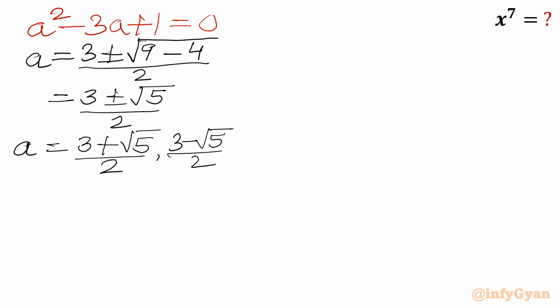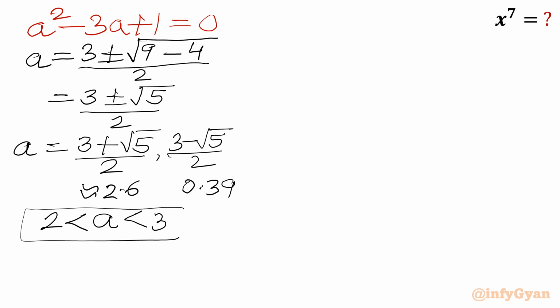If I write approximate values, then this is 2.6 and this is 0.39. And the condition on a was it should be in the interval 2 and 3. So we are going to reject this one. So our accepted a will be (3 plus square root 5) over 2.